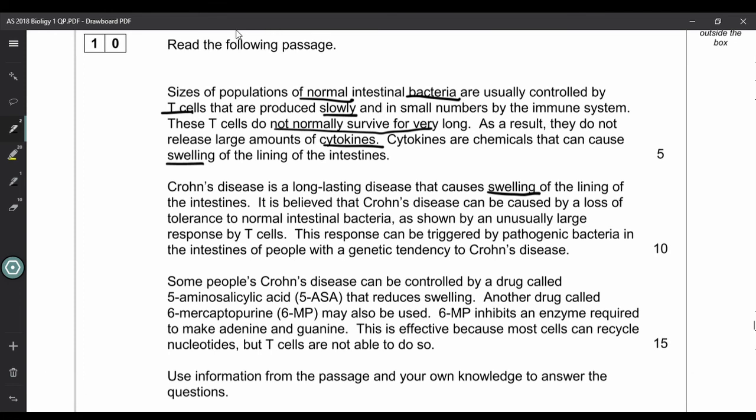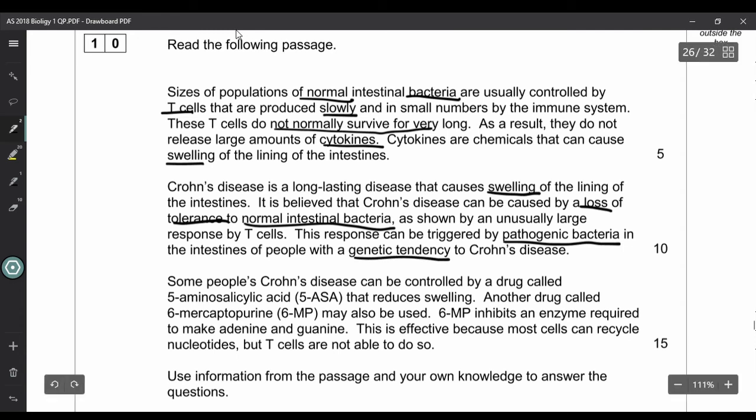So we've already got a link there. So we know that cytokines cause swelling, and we know that Crohn's disease has this swelling of the linings of the intestine. It's believed that Crohn's disease can be caused by a loss of tolerance to normal intestinal bacteria, as shown by unusually large response to T cells. This response can be triggered by pathogenic bacteria in the intestines of people with a genetic tendency to Crohn's disease.